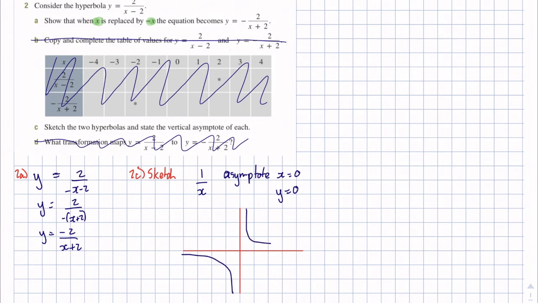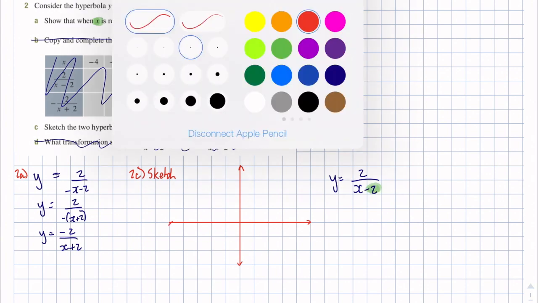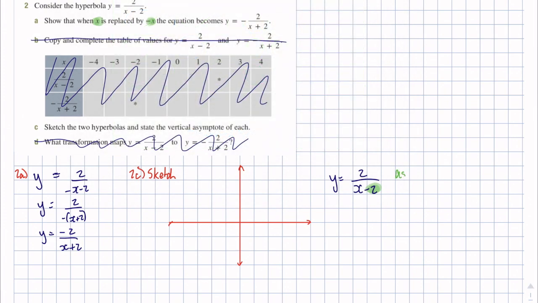For 2 over x take 2, we're still going to have our axes. The x take 2 means that we've got an asymptote that's been moved right 2, so x equals positive 2. It hasn't been moved up or down, so y still equals 0.